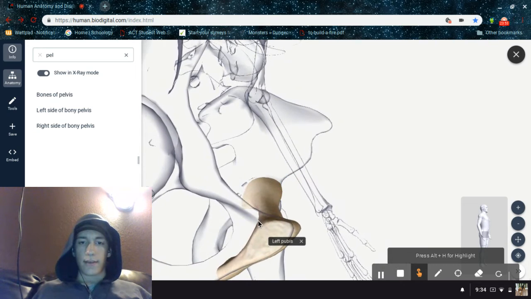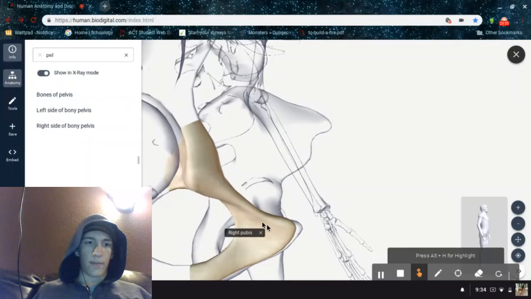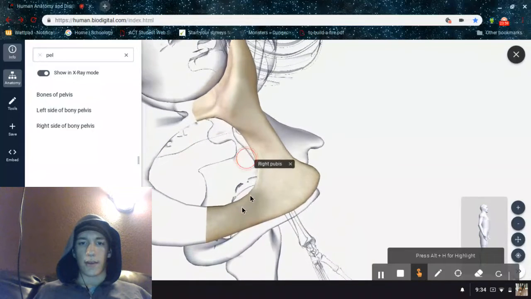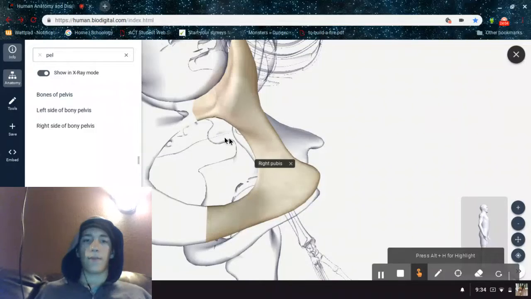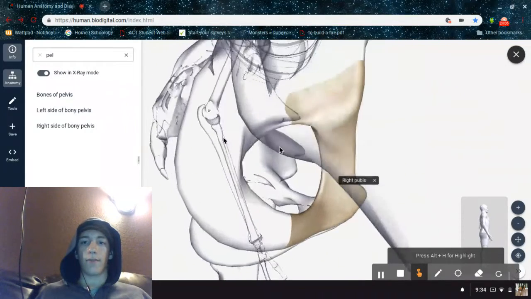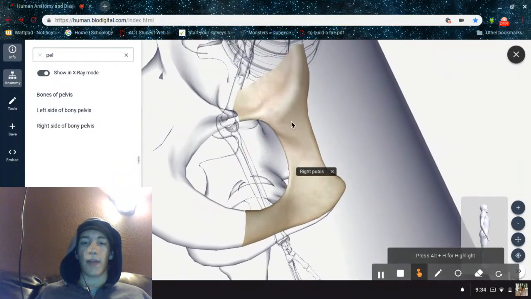See this crest? This is the pubic crest. Your pubic tubercle is right here. It connects to the inside of your femur so that you can move your leg inward.